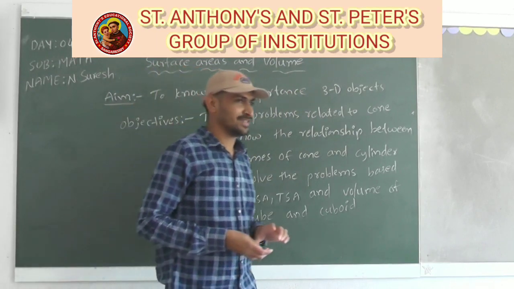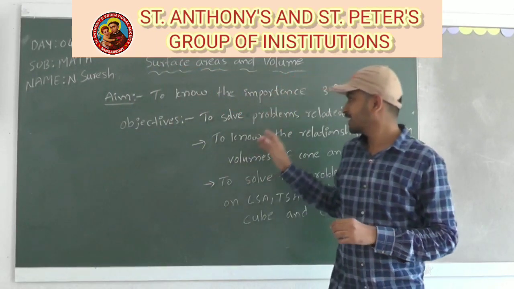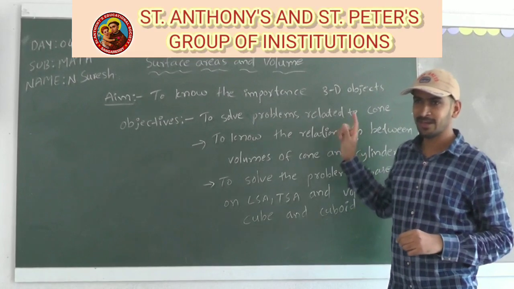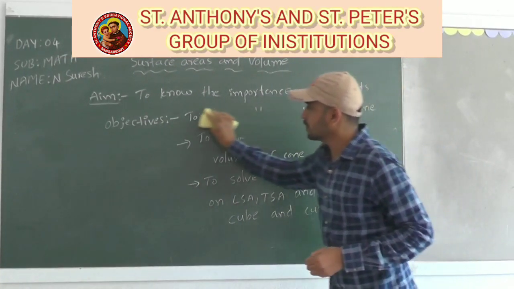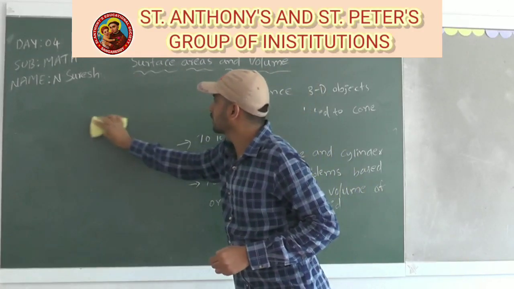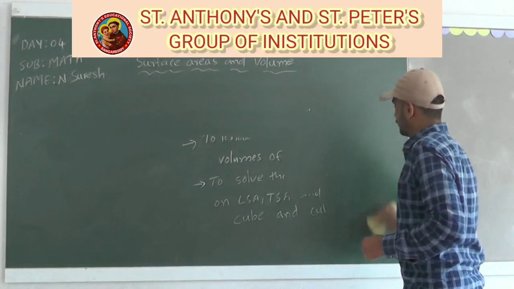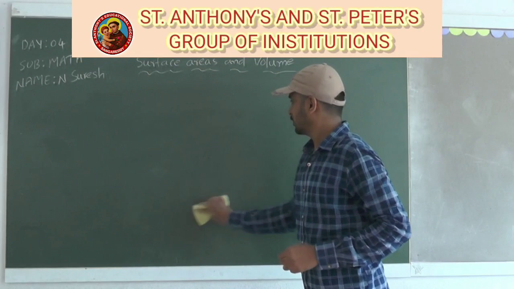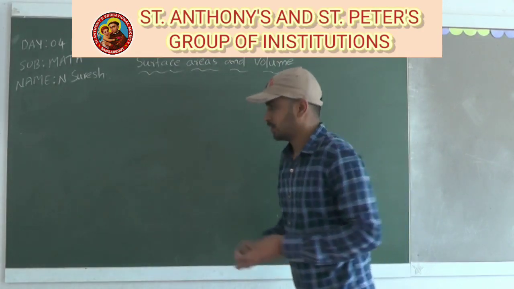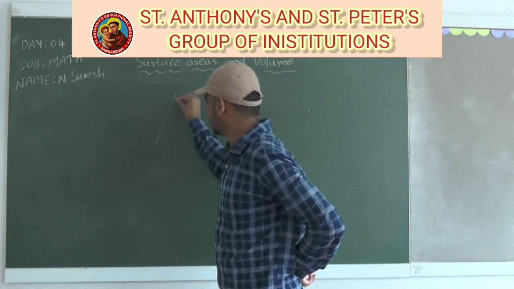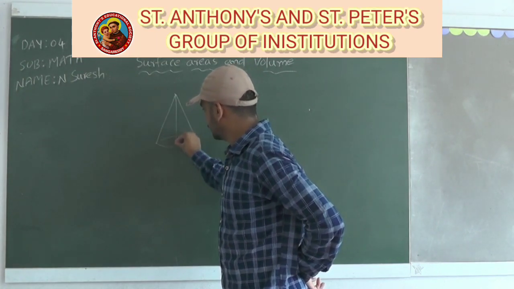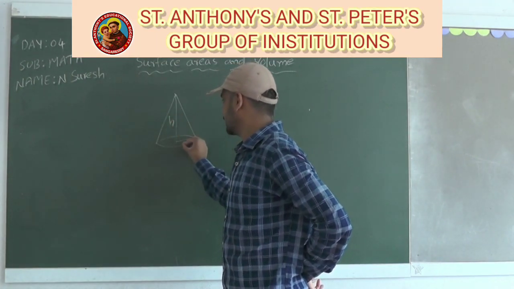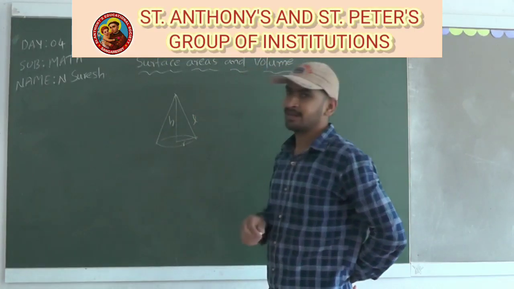Today we are going to our first objective: the problems related to the cone, whatever we left in the last class. Already you know a cone has height, radius and slant height.